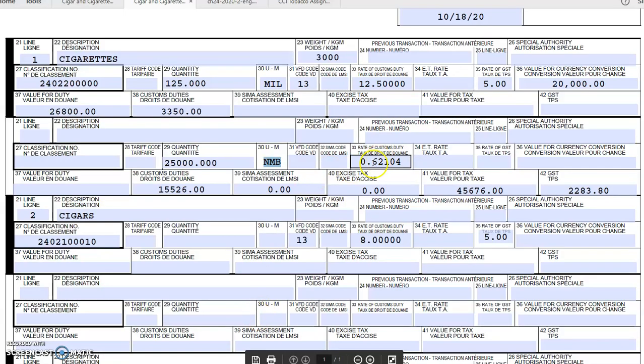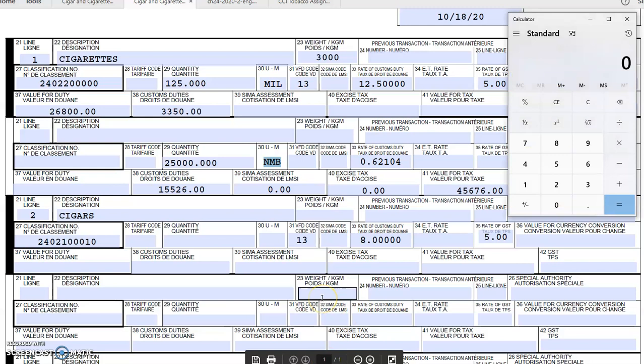So the excise duty is what I showed you before, 0.62104. There it is, 0.62104. So we take the 25,000 times 0.62104, and we get $15,526 in excise duty.